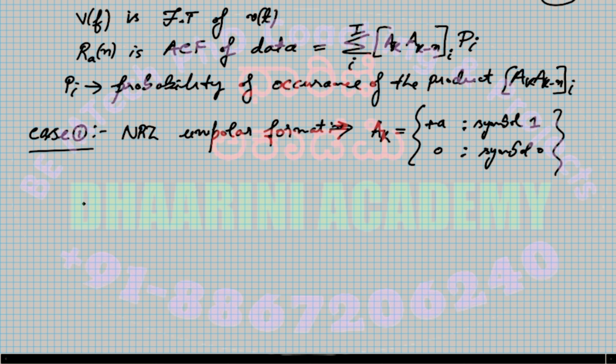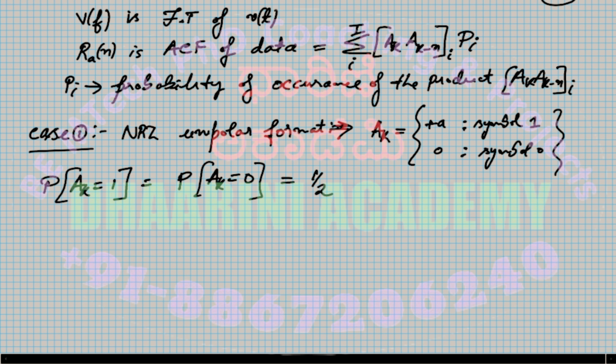You understand what equiprobable is: zeros and ones occur with the equal and same probability. So this is the assumption: P of AK equal to 1 is equal to the probability with which AK becomes equal to 0. It is the same. So when you have two cases and both are the same, they have to be half.